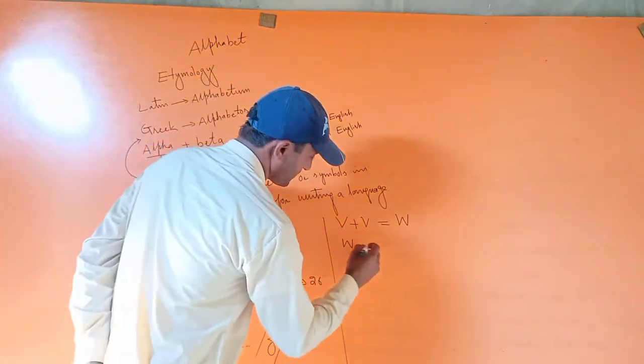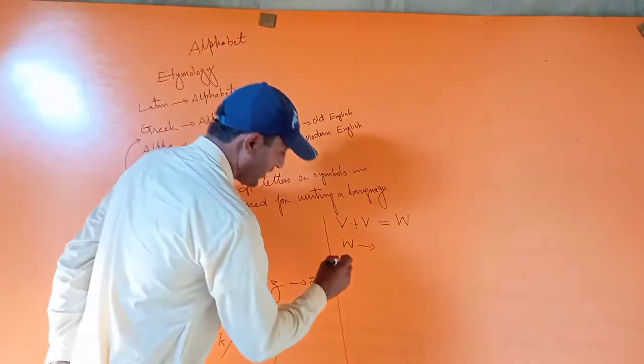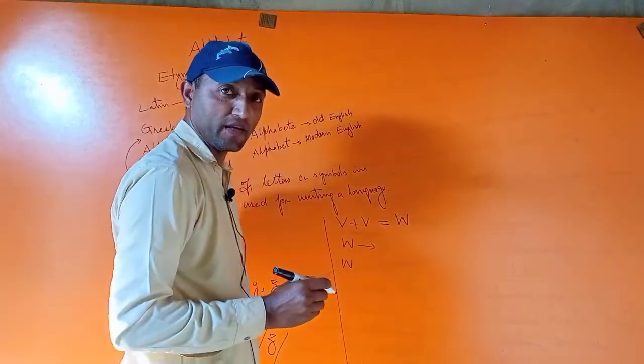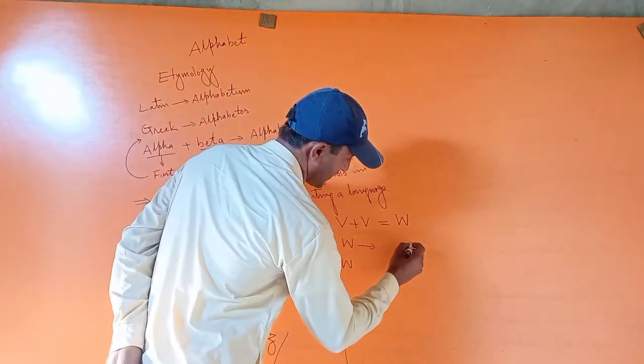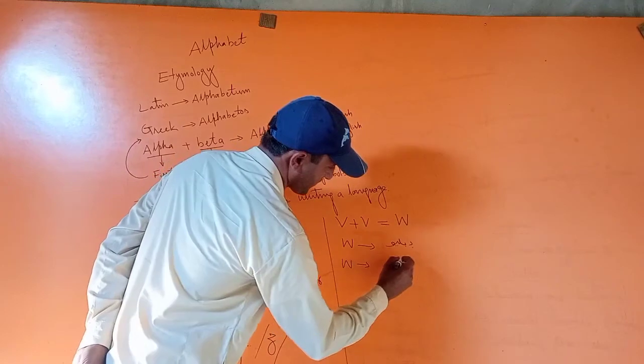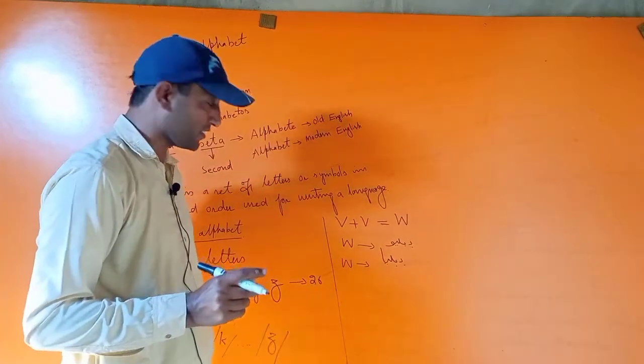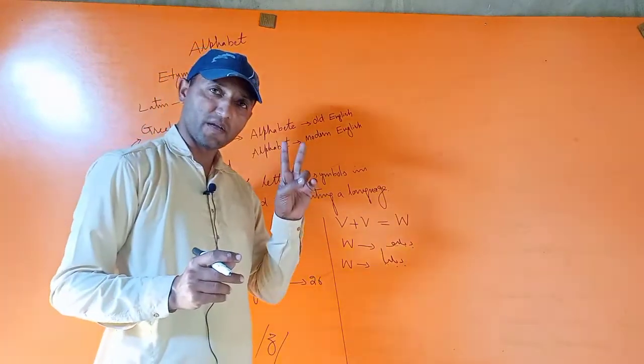The first one is W, while the other one is W. This is in the Sindhi language W, and this is W. W is a combination of two V's.